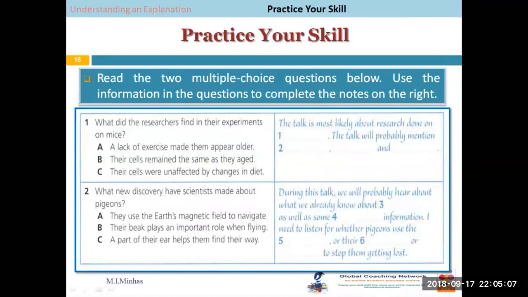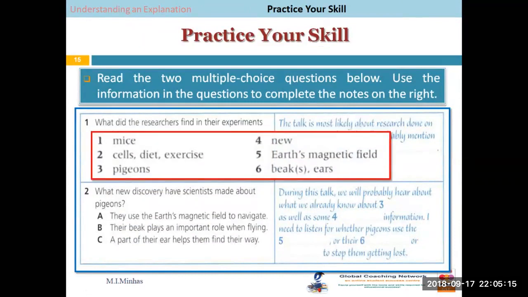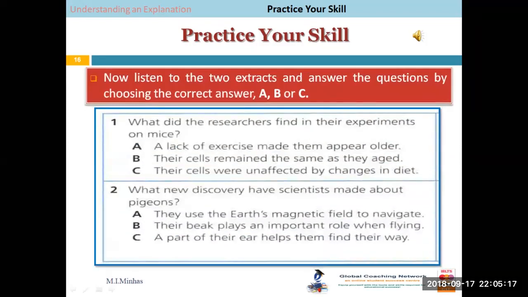So now, what did the researchers find in the experiment on mice? Read the 2 multiple choice questions below. Let me move on to the questions directly. I want you to focus on this one. What did the researchers find in their experiments on mice? A, a lack of exercise made them appear older. B, their cells remained the same as they aged.